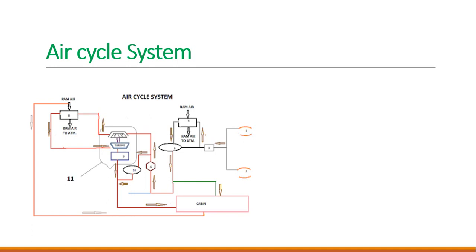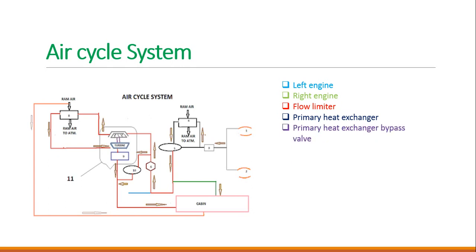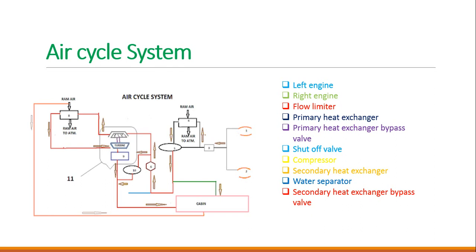Here we can see the schematic diagram of this air cycle system. In the diagram there are so many numberings, and I will tell you the numberings. The 1 and 2 are the left and right engines of the system, and 3 is the flow limiter, 4 is the primary heat exchanger, 5 is the primary heat exchanger bypass valve, next is the shut off valve, next the compressor, then secondary heat exchanger, then water separator, then secondary heat exchanger bypass valve, and refrigeration unit.